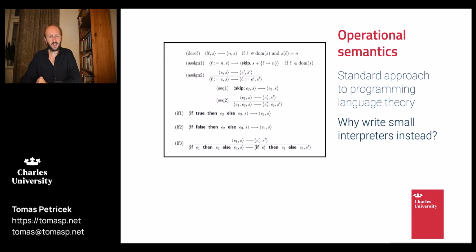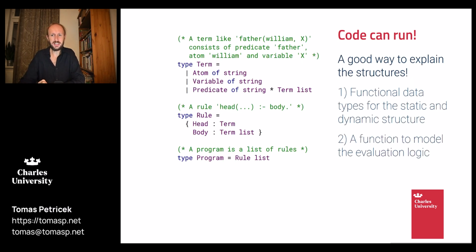What we're going to do in this course is write some small interpreters instead of looking at the formal rules. Why write interpreters? Well, one good reason is that you can run them and you can see what happens. And also, I'm going to be using the F# programming language, although you're more than welcome to try anything else.